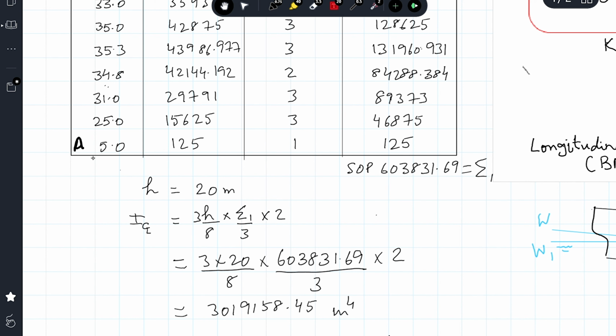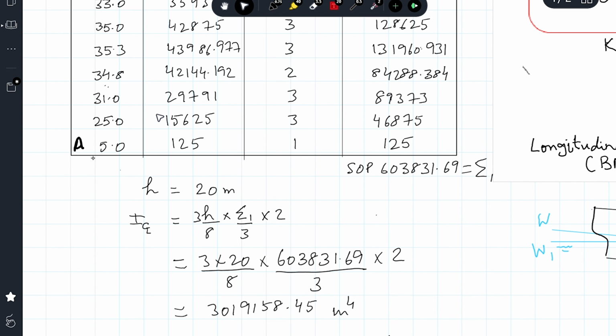Simpson's coefficient is 3h by 8. H is given in the question, 20 meters. Then summation 1 from here and divide by 3. So summation 1 must be divided by 3 when we have the ordinates which are perpendicular to the axis about which moments are being taken, and we are doing with the y cube function. So sum of the product is divided by 3.